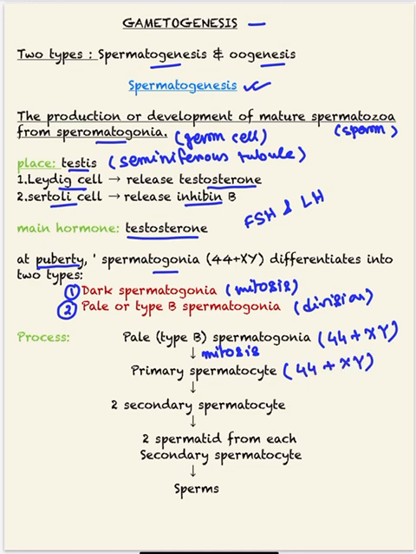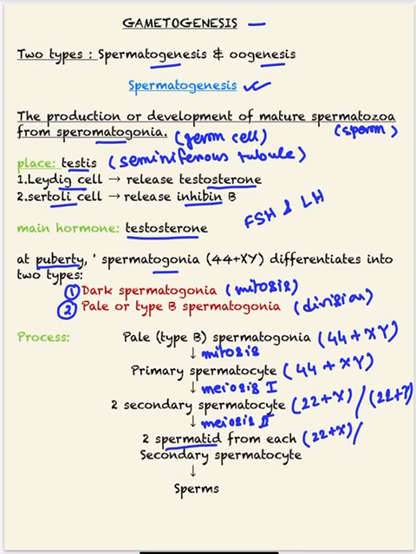The primary spermatocyte then undergoes meiosis 1, and by this division forms two secondary spermatocytes, which will be 22 plus X or 22 plus Y. Each secondary spermatocyte goes under meiosis 2 and gives rise to two spermatids. The spermatids also have 22 plus X or 22 plus Y, and the spermatid matures into sperm.